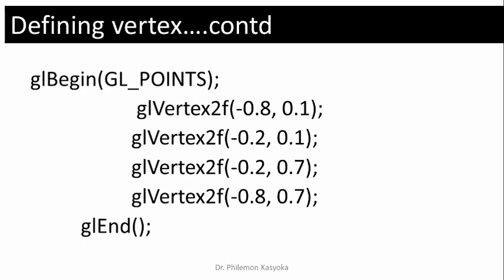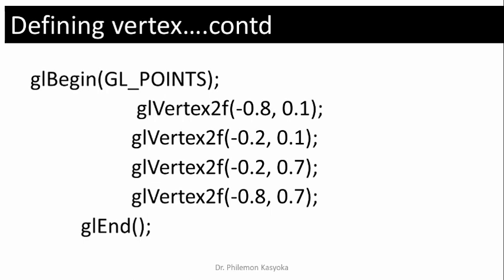We have an example here of negative 0.8, then 0.1, that is the X and the Y.